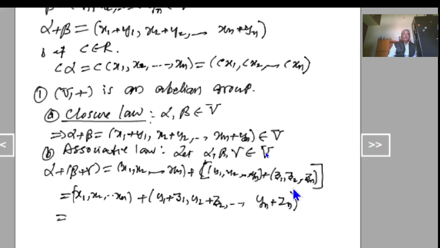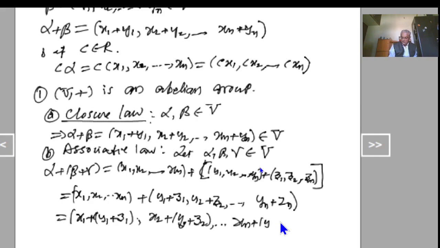Now again, these are the two vectors here. Then adding these two vectors, that is first term plus first term, second term plus second term, nth term plus nth term, this is equal to (x1 plus (y1 plus z1), x2 plus (y2 plus z2), ..., xn plus (yn plus zn)).